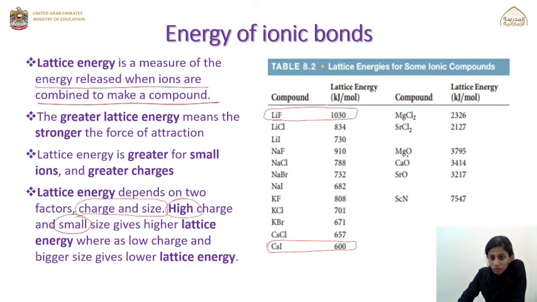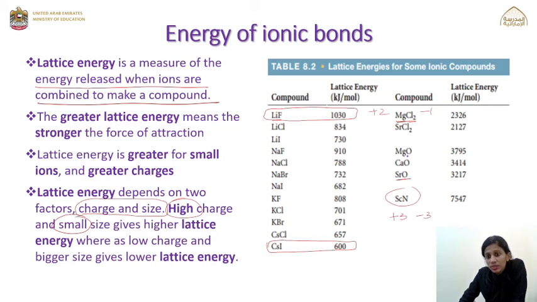Even in the second column, you can see MgCl2 and ScN, or ScO, anything you can consider. Here you can check the charge. Magnesium has +2 charge and chlorine has -1 charge, whereas Sc has +3 charge and N has -3 charge.